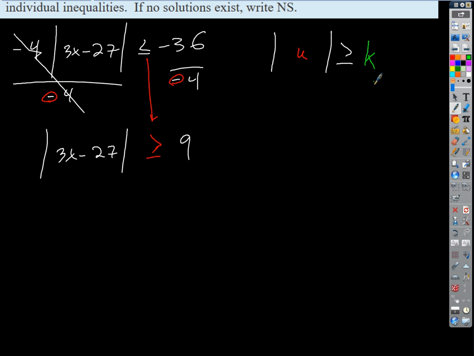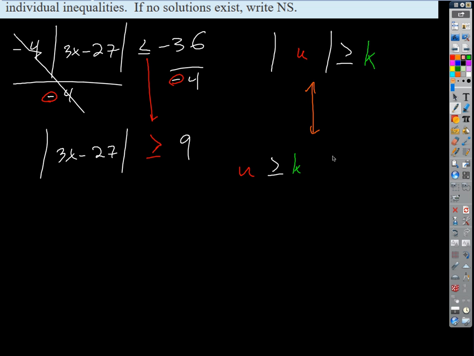So what's our trade going to be then? This thing is going to trade for either u is greater than or equal to positive k. Does that make sense? If it's a really big number, then its absolute value is going to be greater than or equal to k.